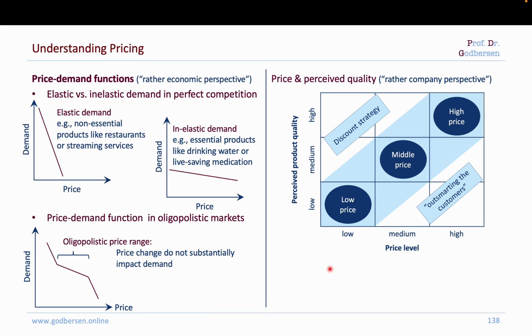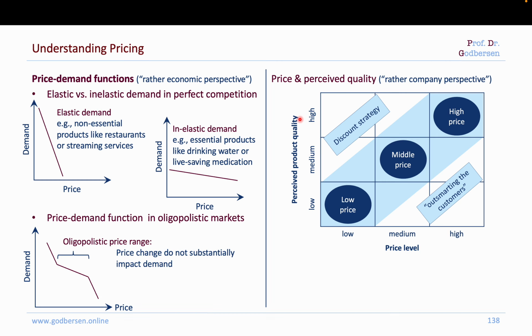On this figure, you see on the x-axis, the price level, low, medium, high. On the y-axis is the product quality, the perceived product quality, again, low, medium, high.